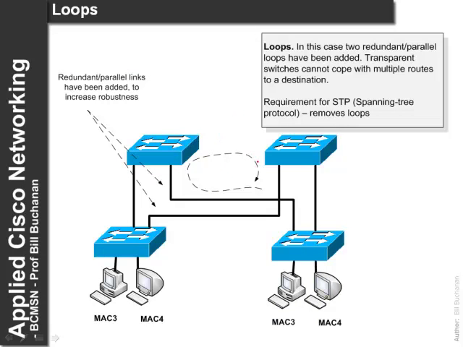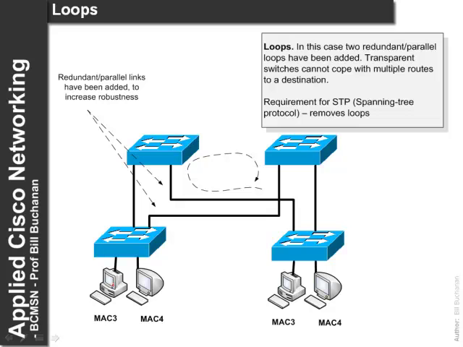An extremely important part of the spanning tree protocol is to make sure that we do not have multiple routes between a source and a destination. In this case, we've created a backup route between each switch, just in case one of the switches becomes inoperable.